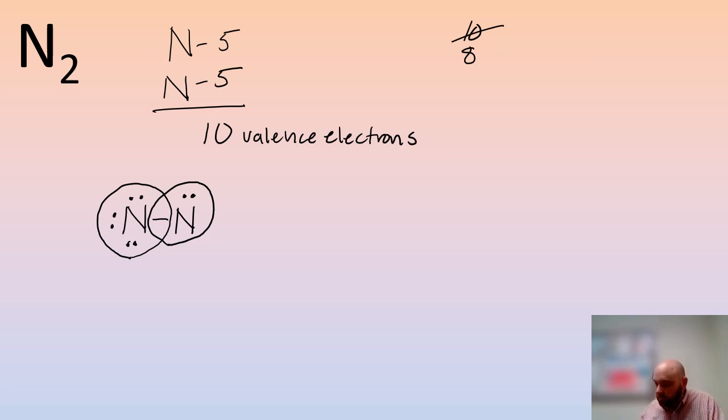We will move 2 of these electrons over into another bond with the other nitrogen, forming a double bond, and see how that leaves us. So if we do that, we end up with this nitrogen here.